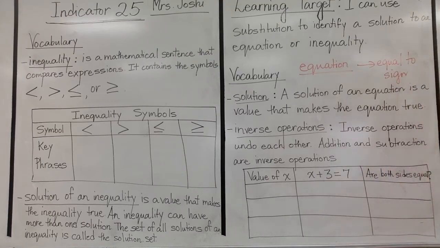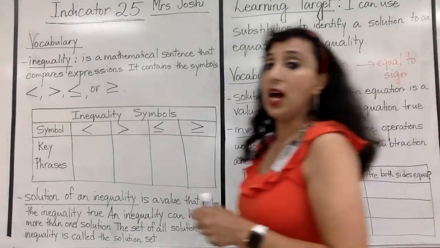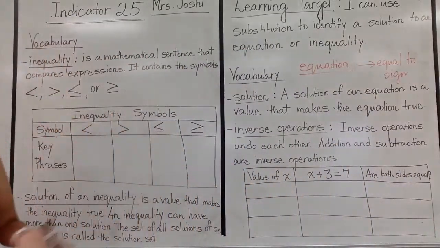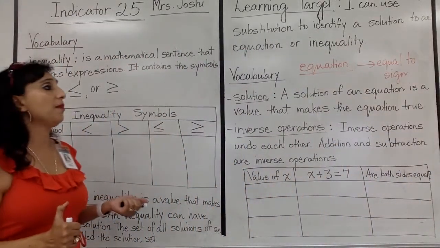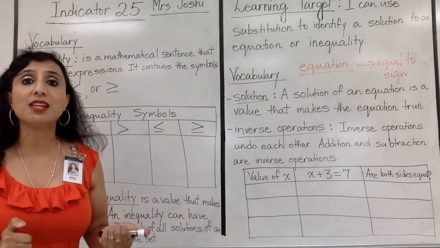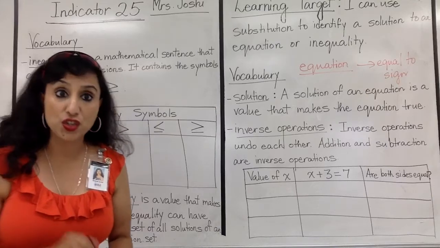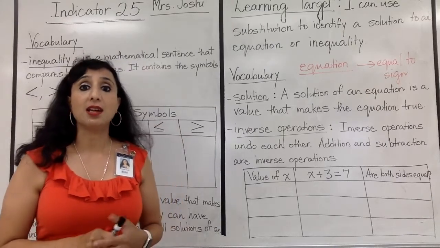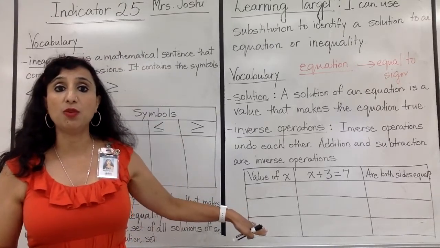All right. So when I'm asking what the solution of an equation is, basically the solution of an equation is a value that makes the equation true. We're going to discuss that when I do this problem for you.